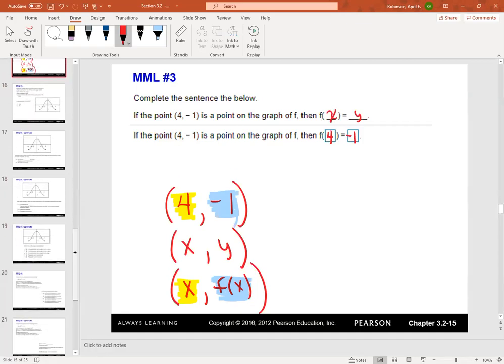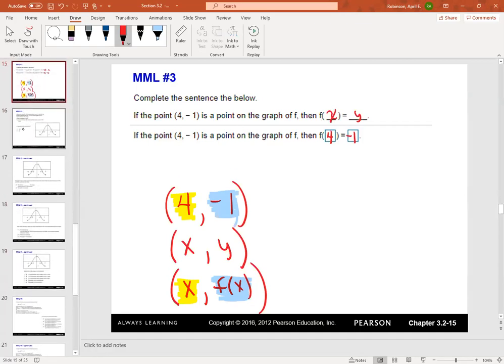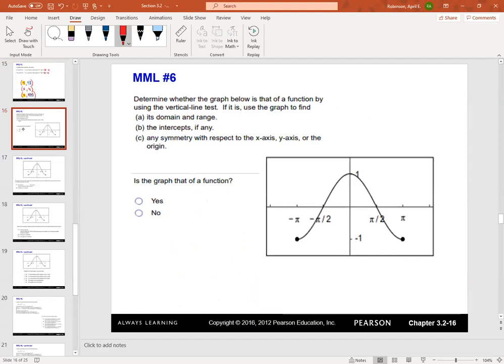Now, I was smart enough on example 6, because it asks 3 questions about the same picture, so I kept recopying the picture over and over so that I could draw on it and not have so many colors on it. First it says, determine whether the graph below is that of a function by using the vertical line test.